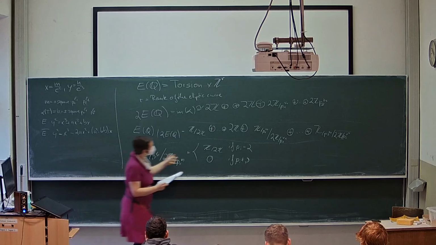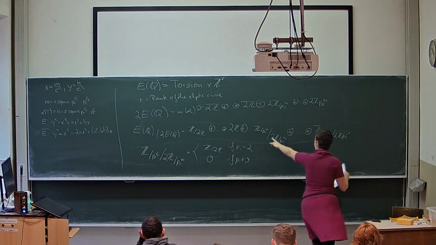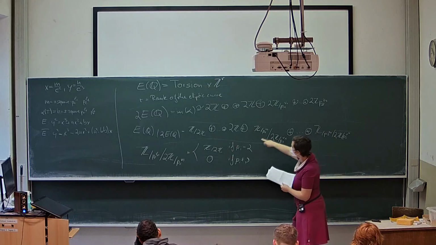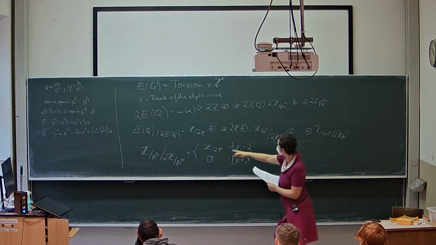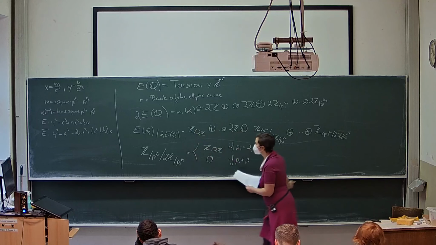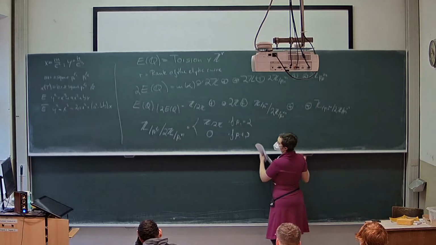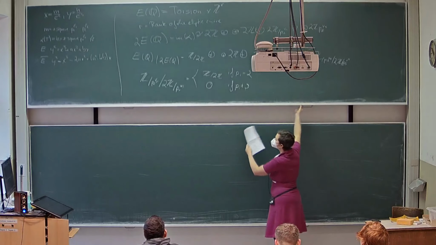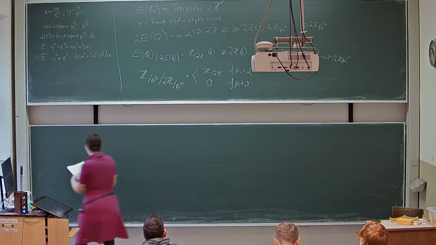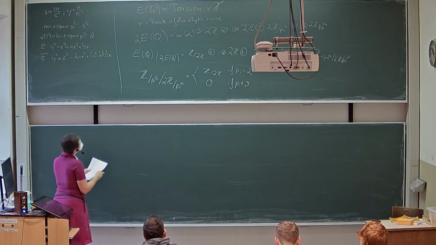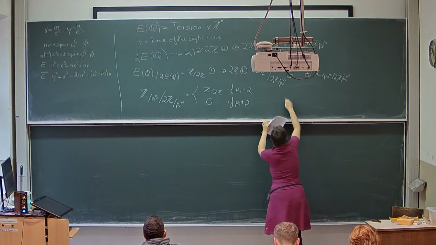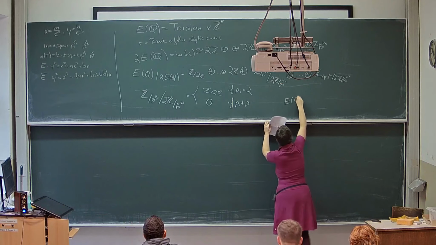Okay, so we have to find out which p_i are 2, and we also have to find out how many 2s we have here. So for this we kind of go back one step. Maybe let me also write this down. This is also important.